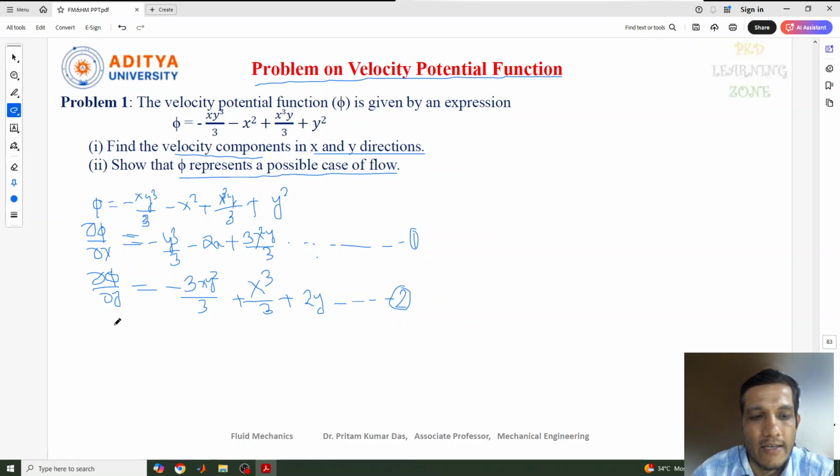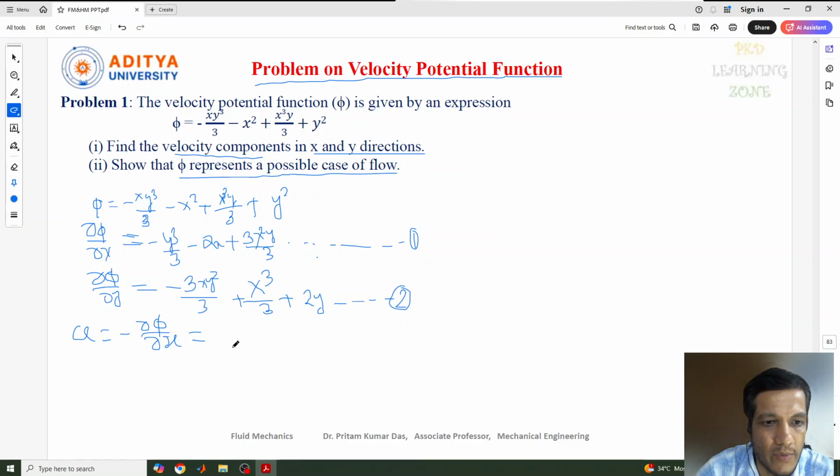So we know the velocity components u and v, what we have seen in the velocity potential function. We know that the velocity is the negative derivative of that function in the particular direction, if you've seen that video you can remember. So u equal to minus del phi by del x. Here we just need to take the minus of this.